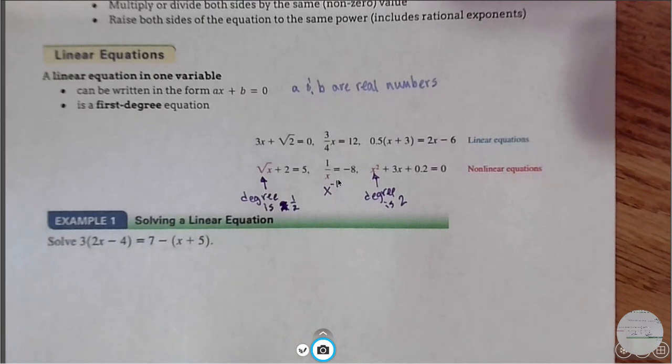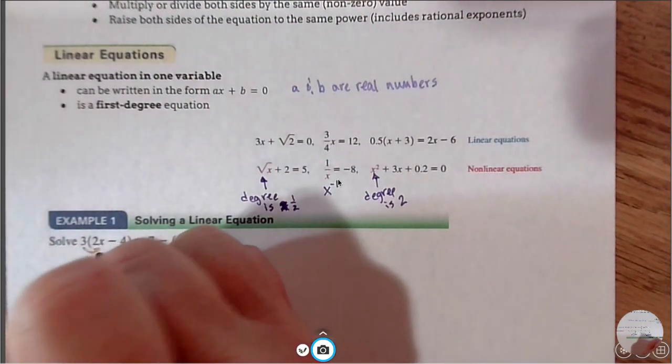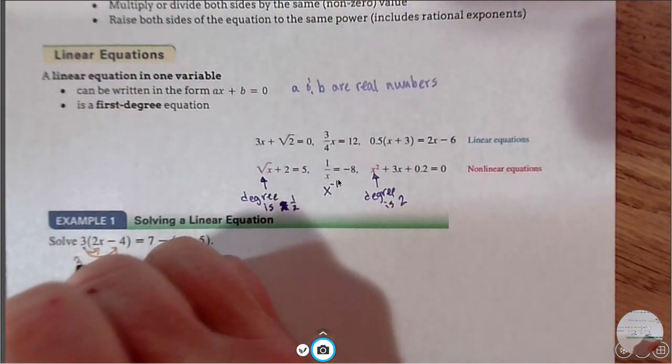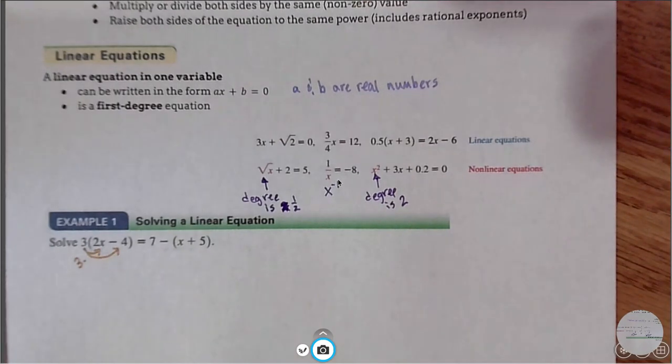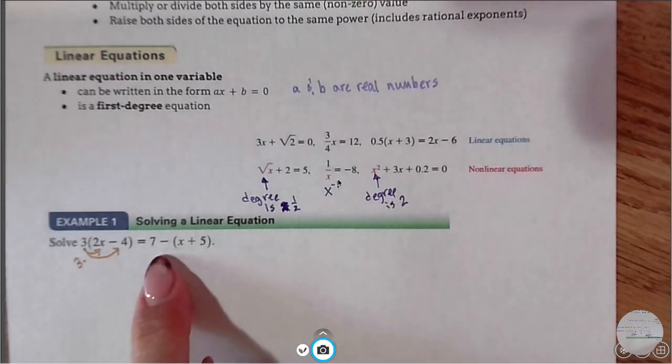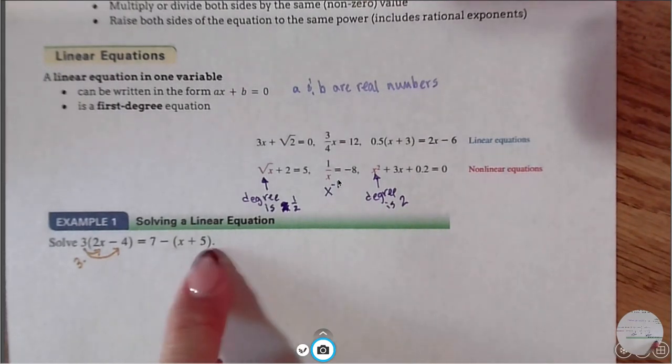Let's practice solving a linear equation. You've been doing this for forever. Each time you solve a linear equation, the steps are going to be slightly different because all equations have different stuff in them. This particular equation, I see that I am going to be distributing a 3 on this side. And then on the right side, I have 7 subtract x plus 5.